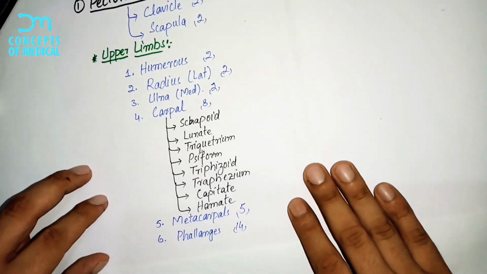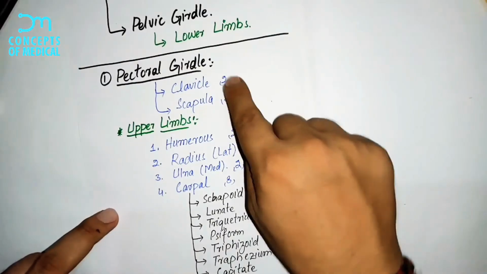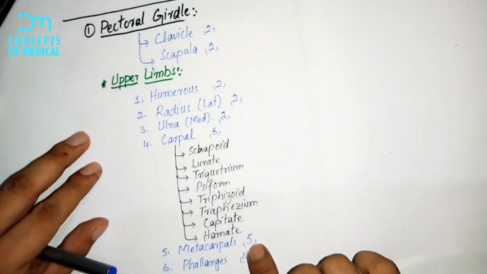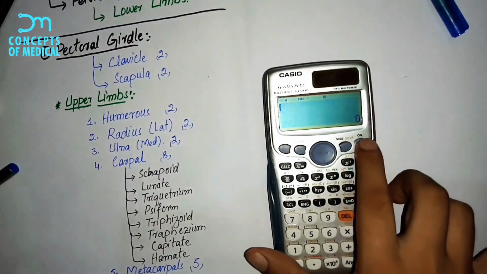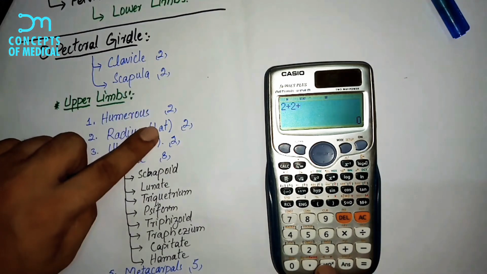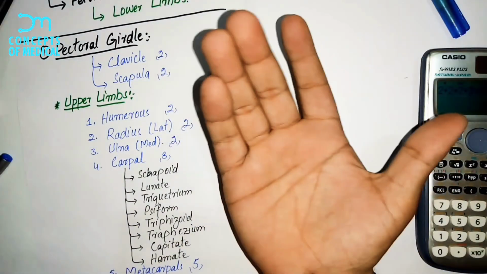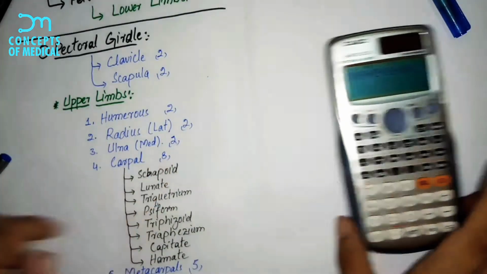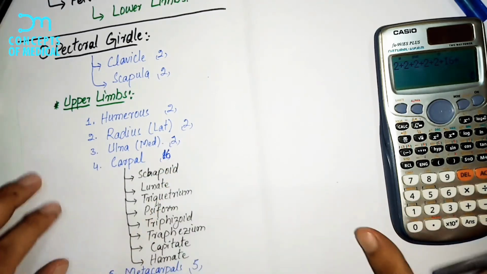So how many bones have we studied in the pectoral girdle and upper extremities? We have studied two clavicles, two scapulae, two humerus, two radius, two ulna, 8 carpals, 5 metacarpals, and 14 phalanges. I'll add them by calculator so that there is no confusion. The 8 carpals are for one hand, so for two hands we have 16 carpals.